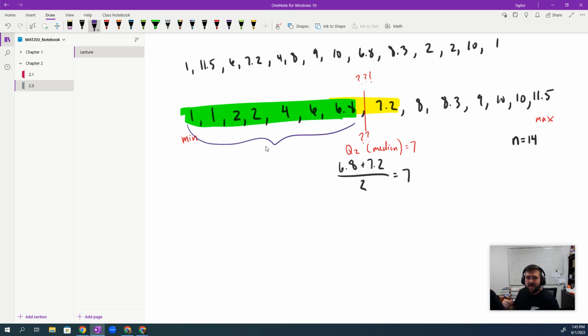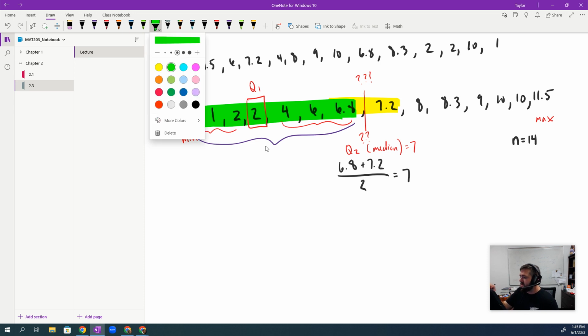So 7 divided by 2 is 3.5. So what does that actually give us? That means that this number is Q1, because we have 3 on the left, 1, 2, 3, and 3 on the right, 1, 2, 3. So this is exactly in the middle. So Q1 is 2. Same thing over here, different color this time.